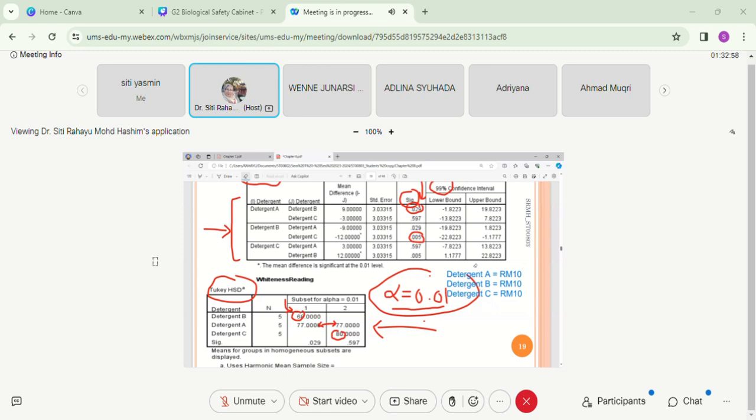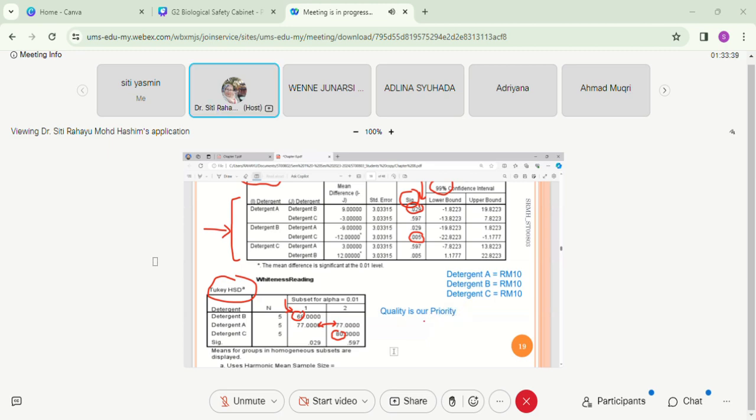So among the detergents, the motto of your service is that you provide quality services. Or maybe you can write your motto in front of your shop: quality is our priority, let's say.